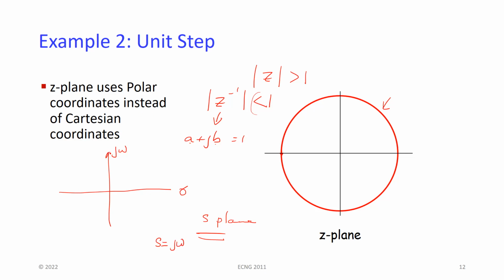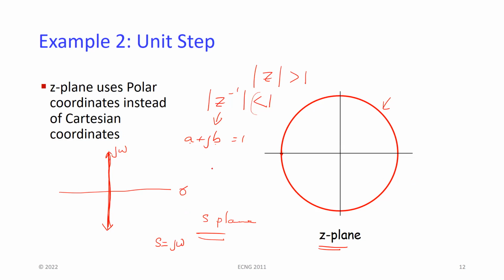S is equal to j omega on this axis here. So even on the S-plane, the Fourier transform is what happens up and down this axis. If you take the Laplace transform and make sigma 0, you get the Fourier transform.